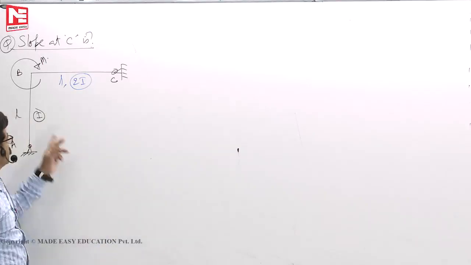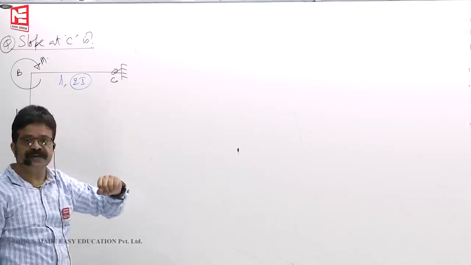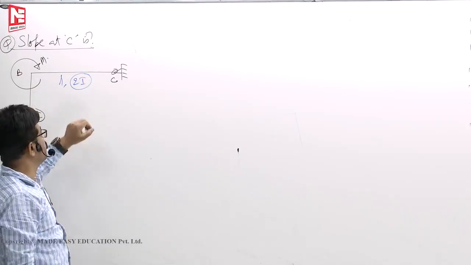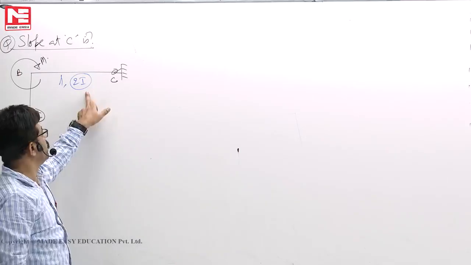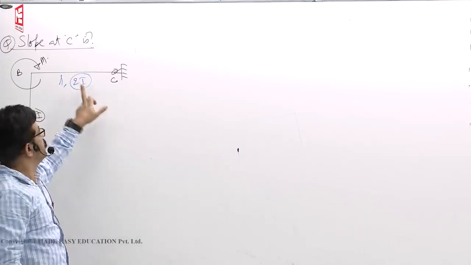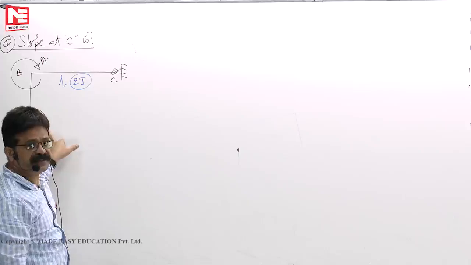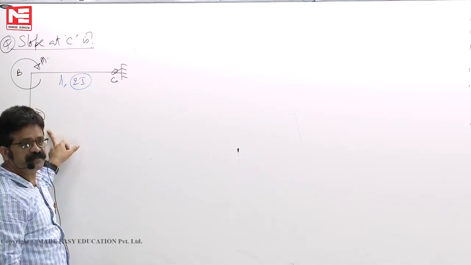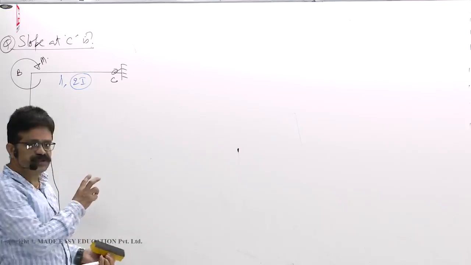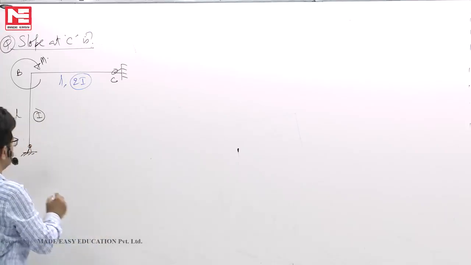Compared to this, it is 2 times stronger, so we have to find the distribution factors. It is not 0.5, 0.5. How to find quickly? K is I by L: 2I by L and I by L, so the summation is 3I by L. K by sigma K gives 2 by 3 and 1 by 3. Supposing you could not make it this fast, first I show you how we calculate, then by inspection you will know how to manage in the exam.